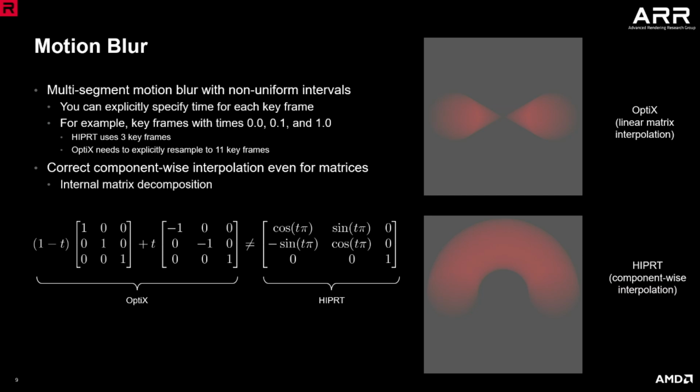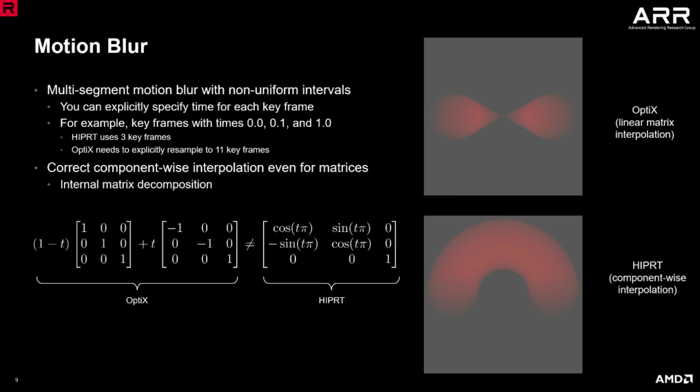So, for example, we might have 3 keyframes with times 0, 0.1, and 1. You can achieve a similar result in OptiX, but OptiX supports only uniform intervals, so you need to manually resample into 11 keyframes.